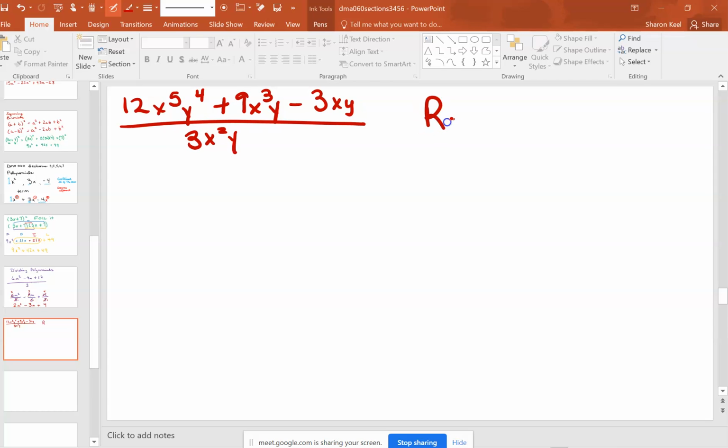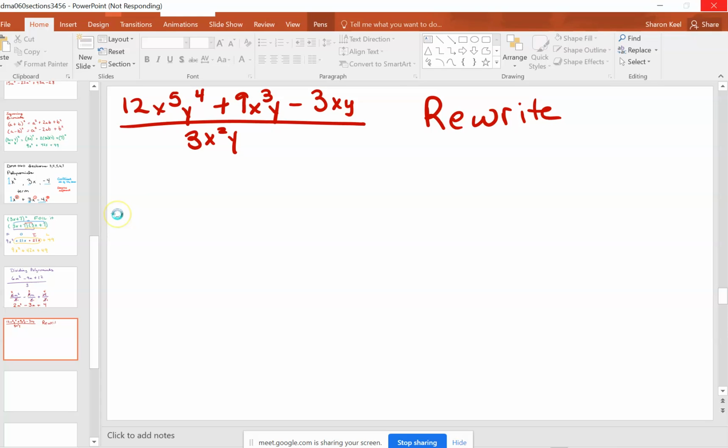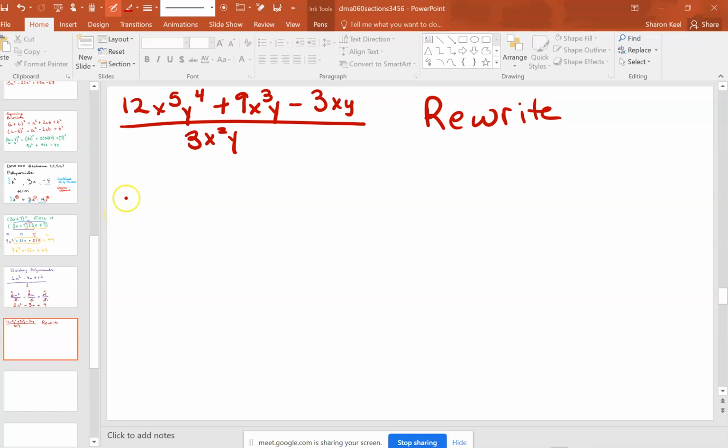Now, for this problem, I would ask you to rewrite it. And this is the way I would write this one. I'm going to make this one really visual for you. I would write down my 12. I would write my 5 x's, my 4 y's.